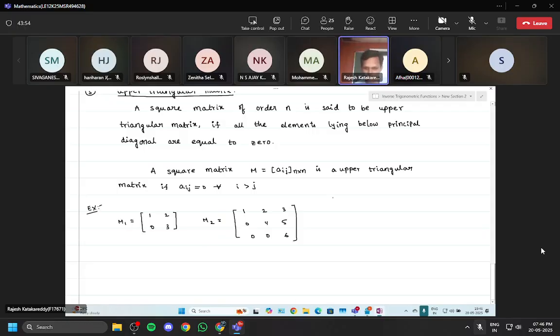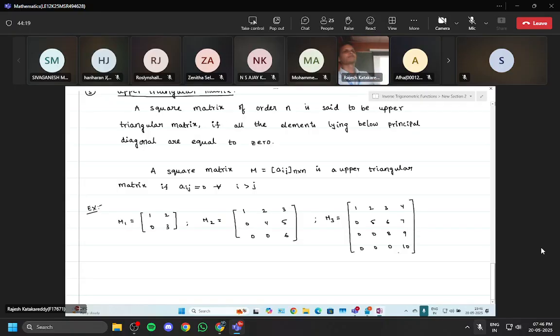If you want more, M3 equals 1, 2, 3, 4, 0, 5, 6, 7, 0, 0, 8, 9, 0, 0, 0, 10.